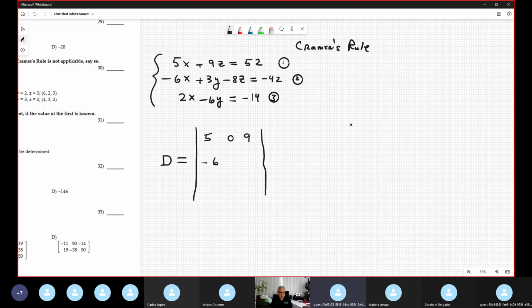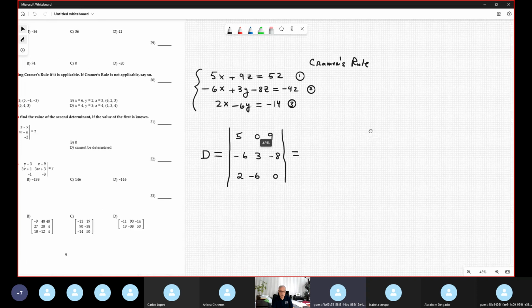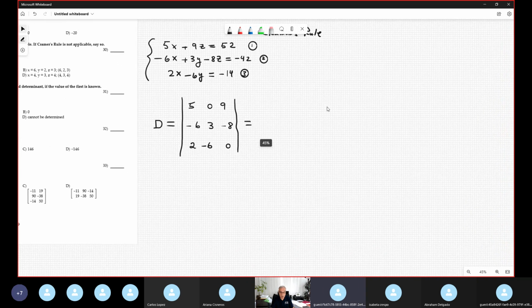Minus 6, 3, minus 8. 2, minus 6, and 0. Now we can compute by hand, but no, hello. It's too long. It's not hard, but it's time consuming. This is a problem, no? It's not complicated, it's a long process.